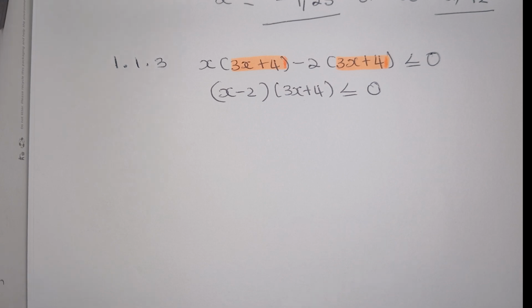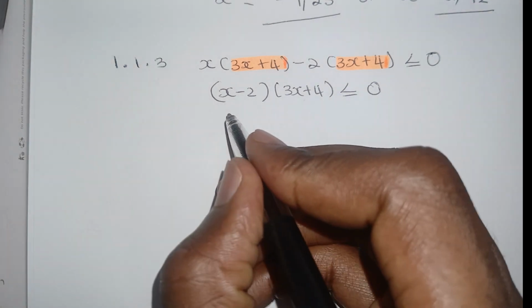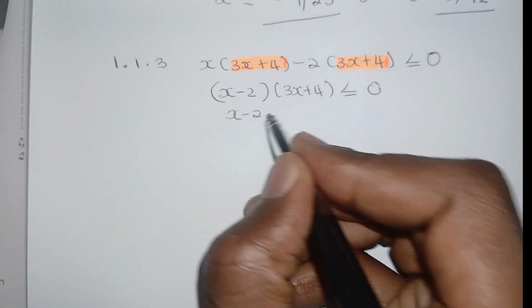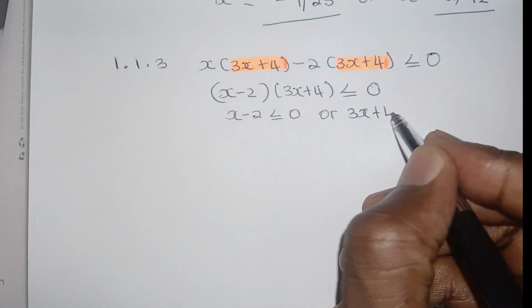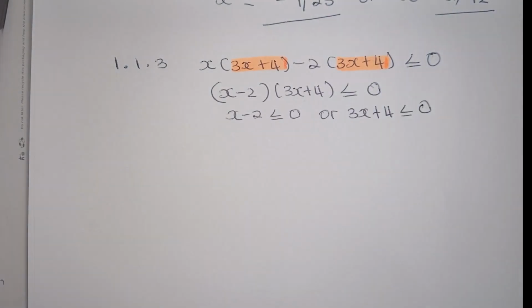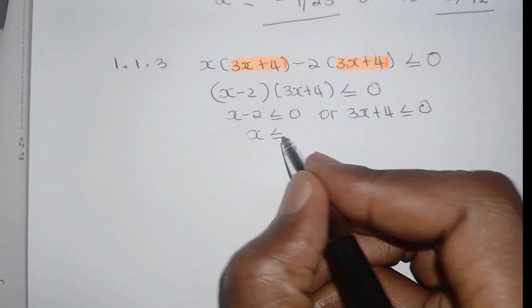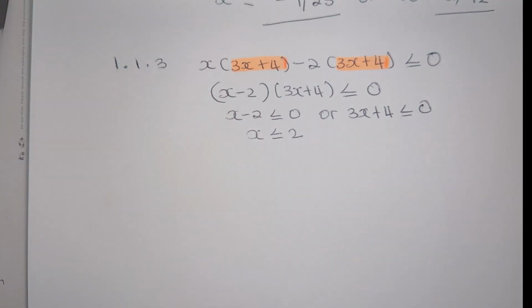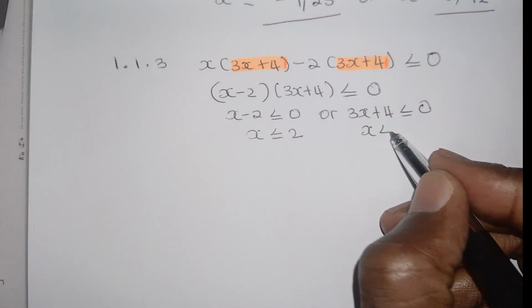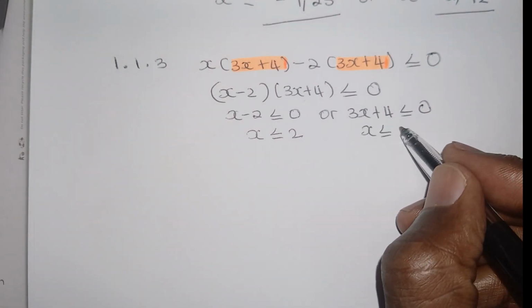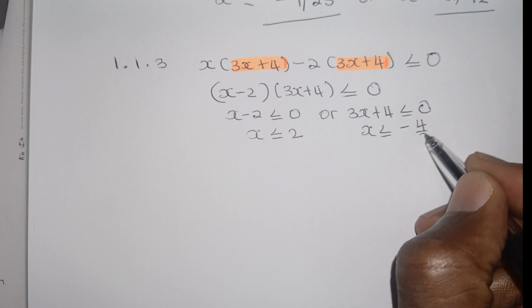We need to find the x. Now we just have to say x − 2 is less than or equal to 0, or 3x + 4 is less than or equal to 0. Right. So x is less than or equal to 2. Then x here is less than or equal to negative 4 over 3, right?